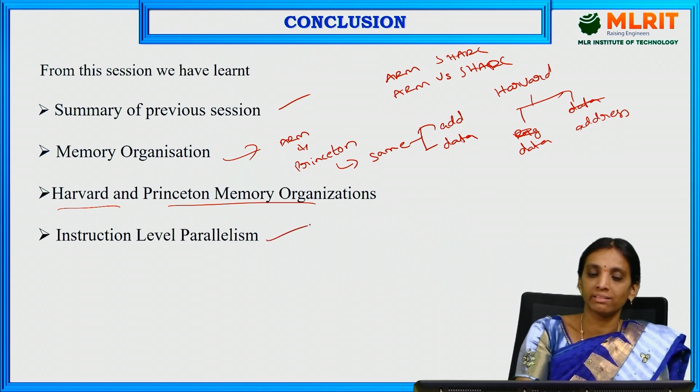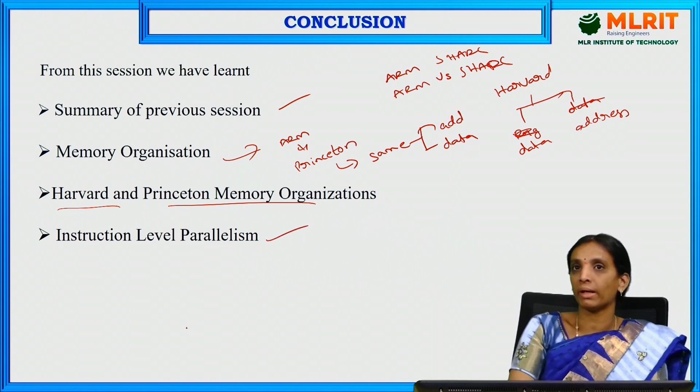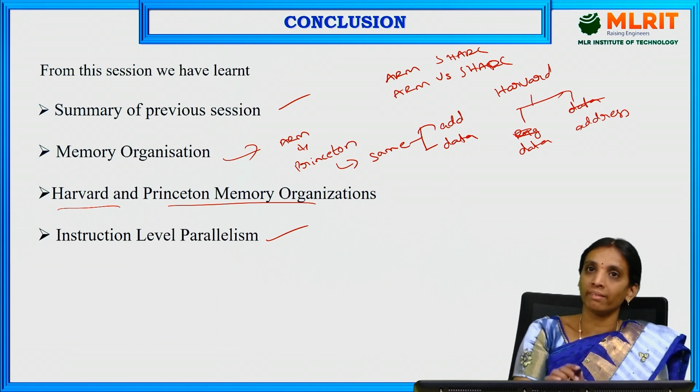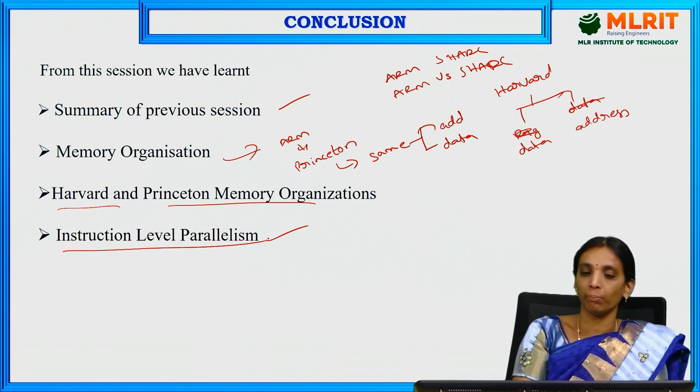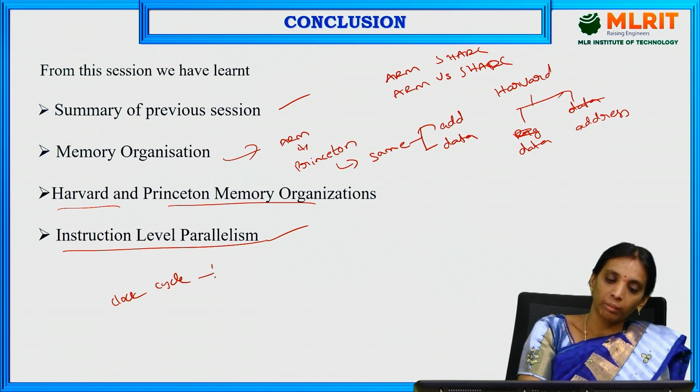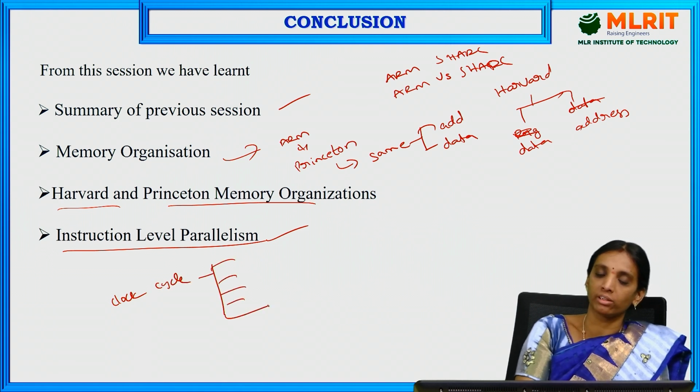Next, instruction level parallelism. Instruction level parallelism is executing a number of instructions in parallel in the same clock cycle. That means the same clock cycle can be shared by a number of instructions with a number of operations.